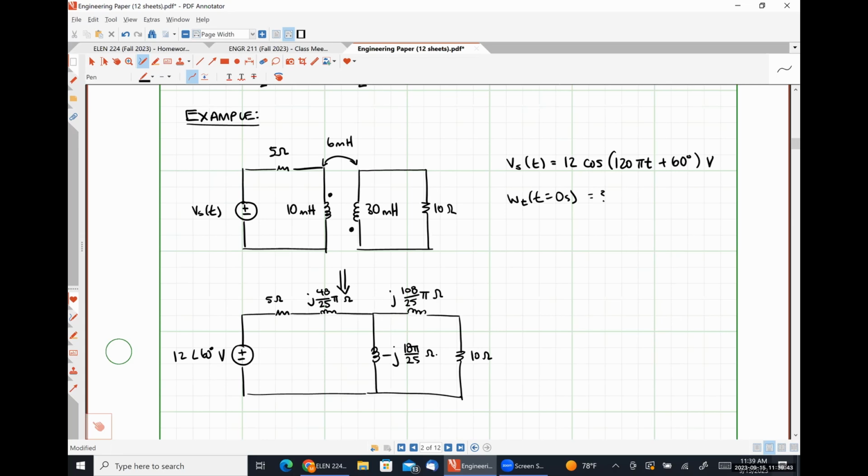So here's I1. This is the same exact current that would be flowing into here.